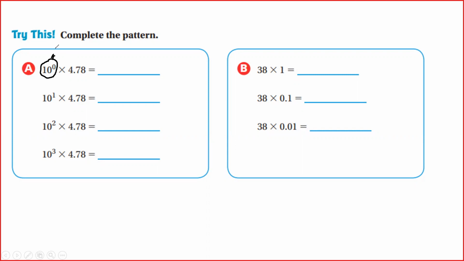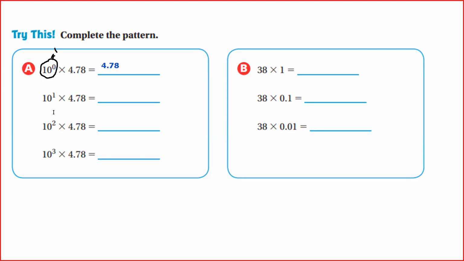I mean, 10 to the power of 0 equals 1. Bravo. See, girls, any number raised to the power of 0 is equal to 1. So 10 to the power of 0 is 1. So this one means 1. Now, continue. 1 times 4.78 should be the same, 4.78. Bravo.